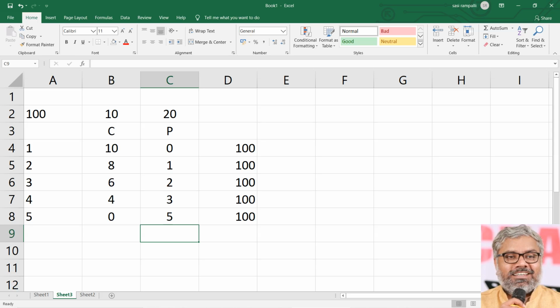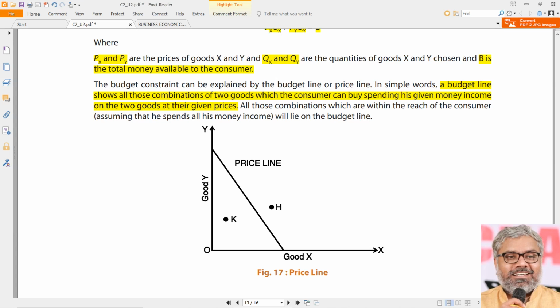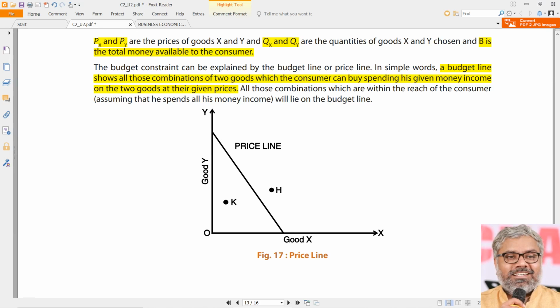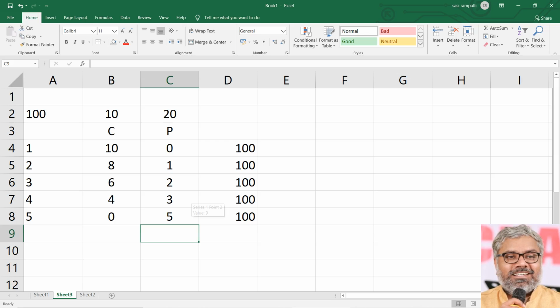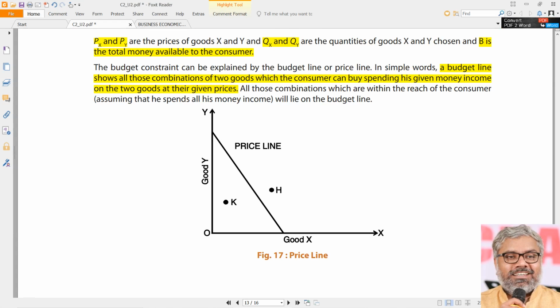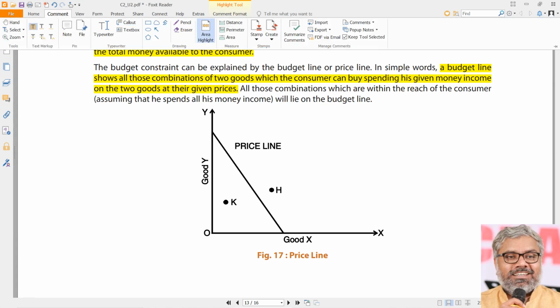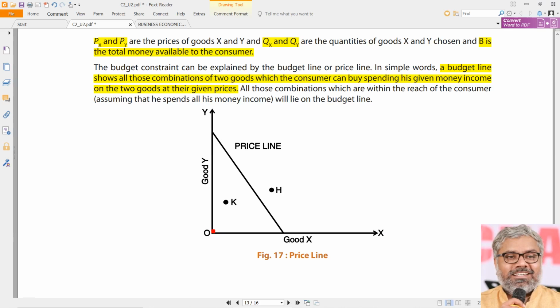If we draw these combinations, as certain number of commodities of good X and good Y are consumed like this, how they will look on a graph is this. Like here, for example, 0 of one commodity and these many number of units of another commodity.